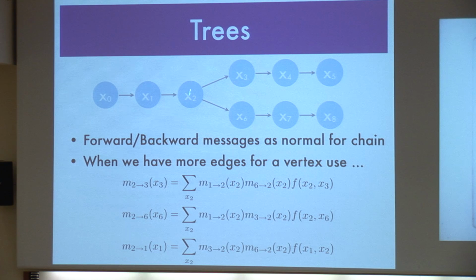Likewise, the message going from 2 to 6 needs to incorporate this and that in order to send here. So the only difference is now that if I have a vertex that has more than one neighbor, I need to incorporate the messages from all the other points. That's regardless of the direction.